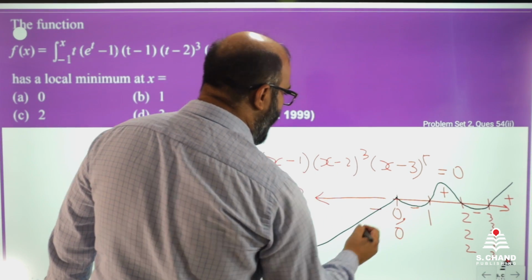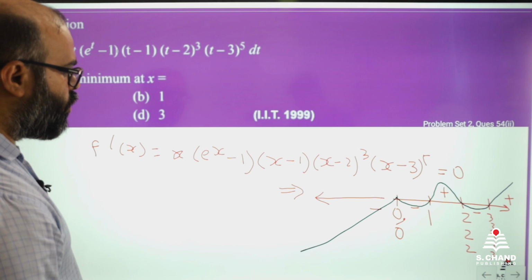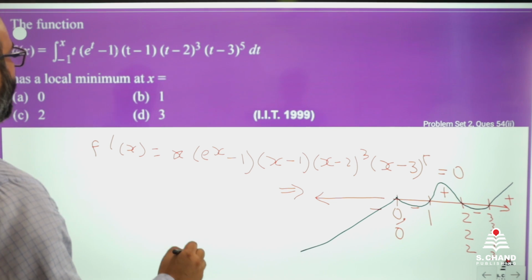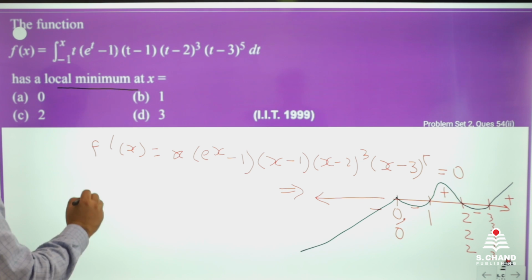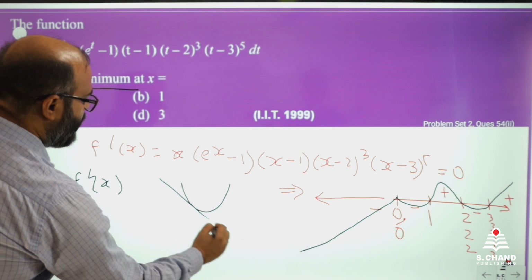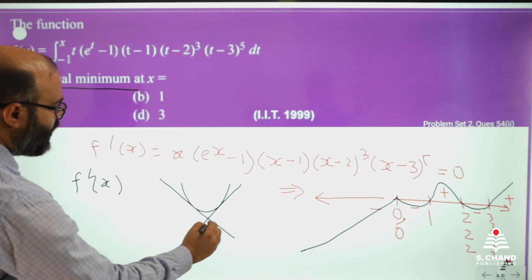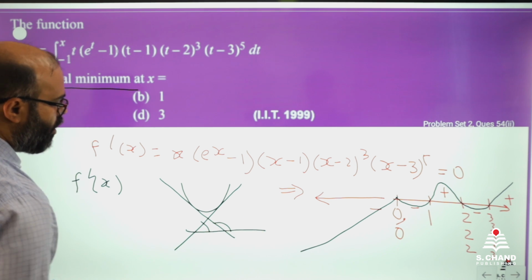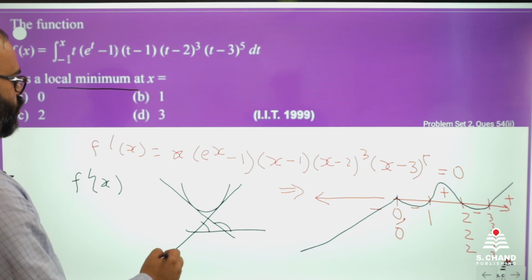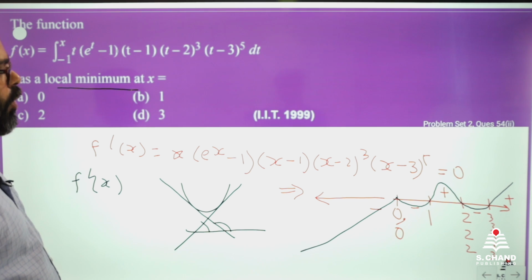You will move back. Now if you talk about the local minima, what is the condition? That first derivative, as you are taking the sign of the first derivative, the tangent is changing angle from obtuse to acute. So the first derivative is negative to positive.